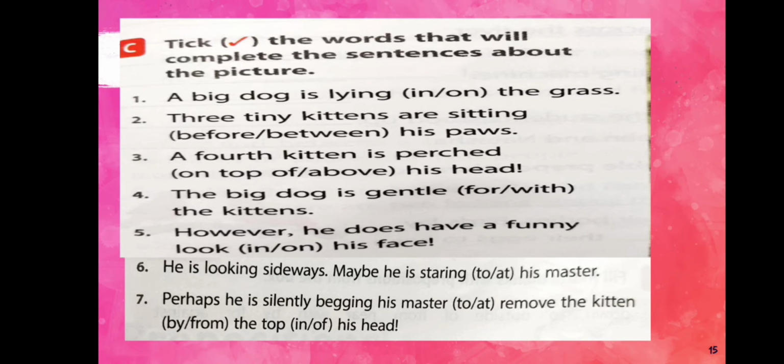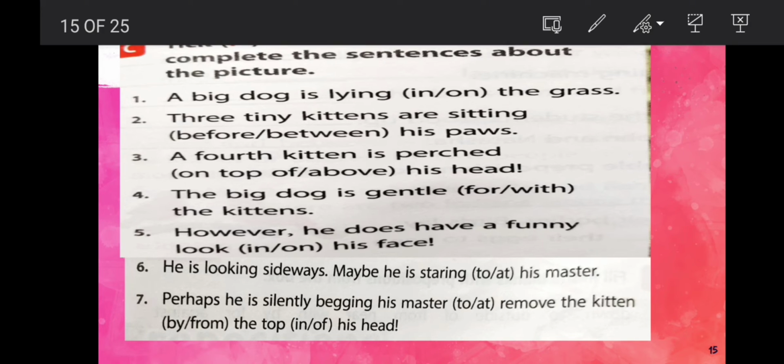The fourth kitten is perched dash his head. A fourth kitten. Where is the fourth one? You can see it is on top or above his head. On top of. The big dog is gentle for or with the kittens. The big dog is gentle with the kittens.